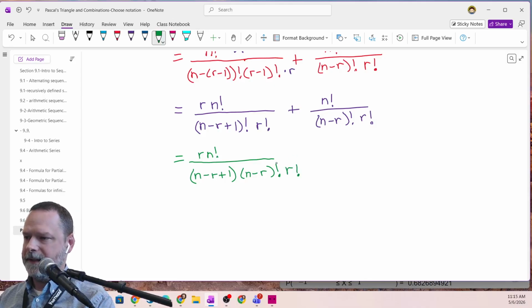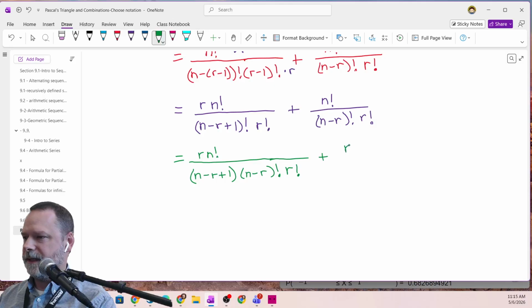So what I did was I factored out the n minus r plus 1. The way factorials work, we can totally do that, because the n minus r plus 1 times n minus r times n minus r minus 1, and so on.